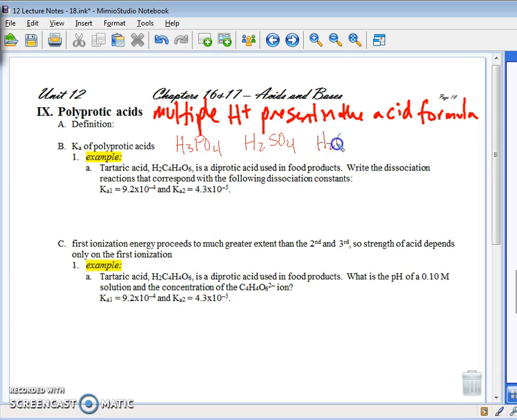H2CO3 doesn't really exist in solution because it decomposes quickly, but yes, carbonic acid should work. What else? Oxalic acid, tartaric acid, any of your anions that have greater than a -1 charge are going to be in this category.